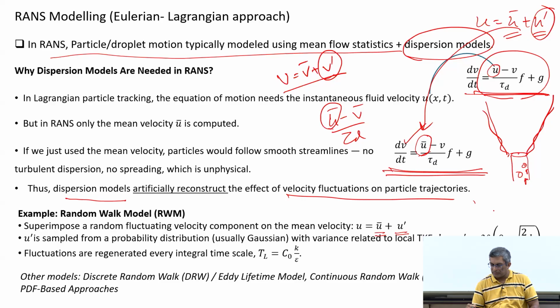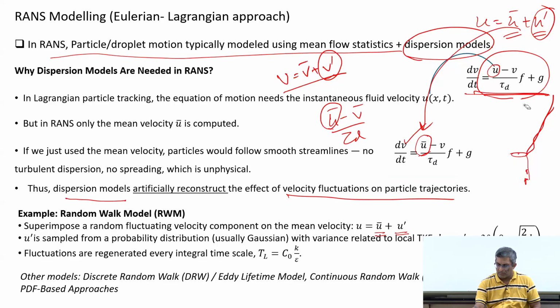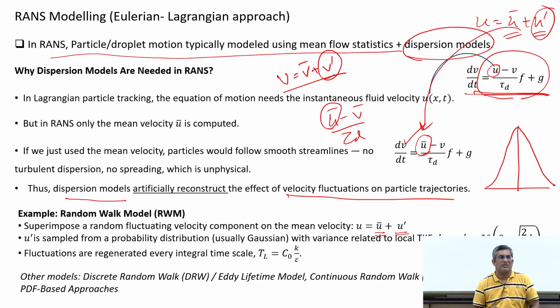So, this represents the standard deviation of the distribution. So, if you assume a Gaussian distribution, let us say this is u mean, and this is the standard deviation of the velocity.